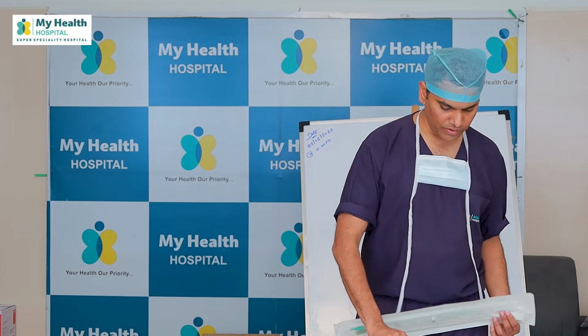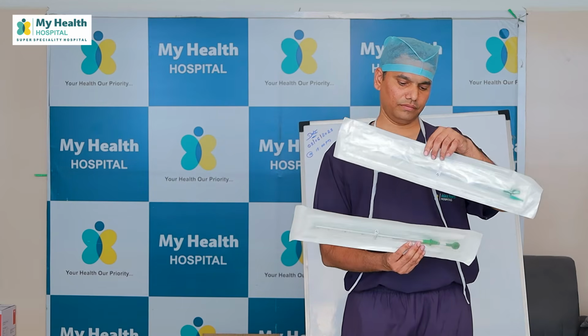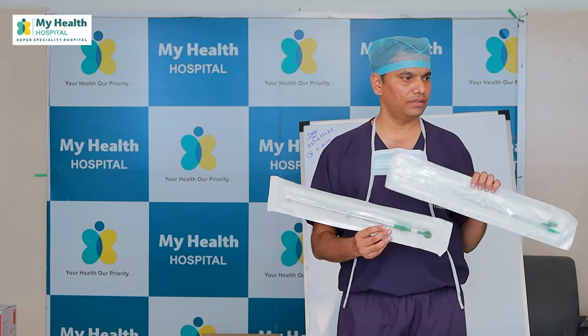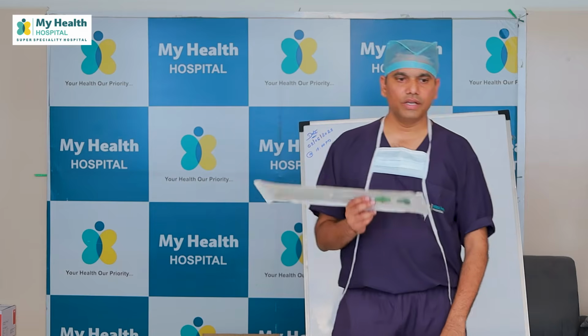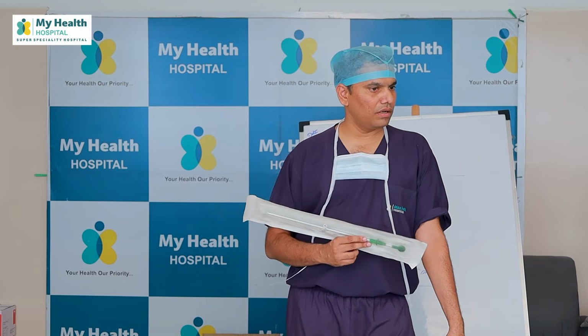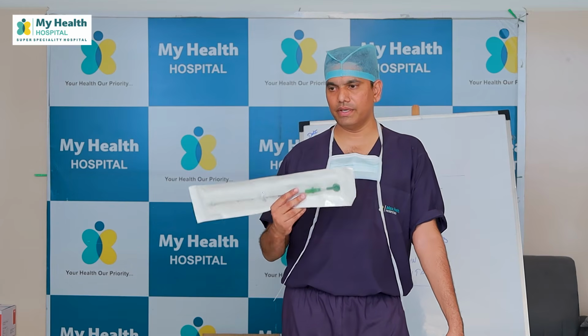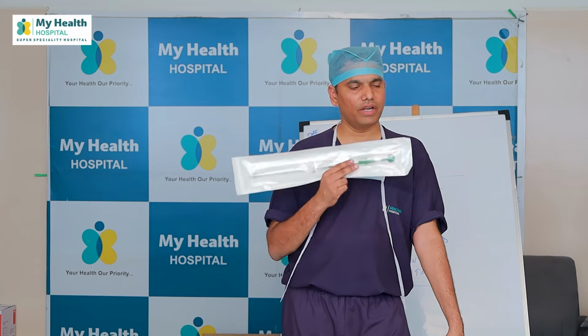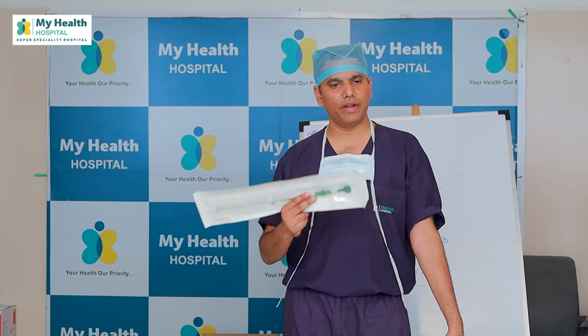So what is the difference between this one and this one? Chest drain. Chest drain with trocar. This we are using nowadays and more frequently. It minimizes the chances of a more painful or more radical approach.